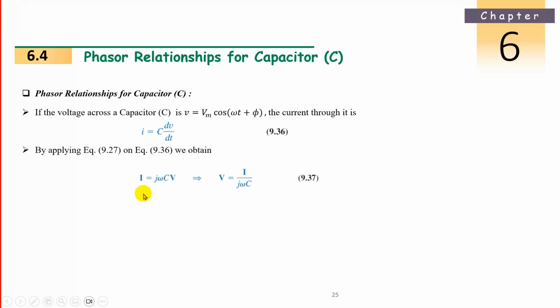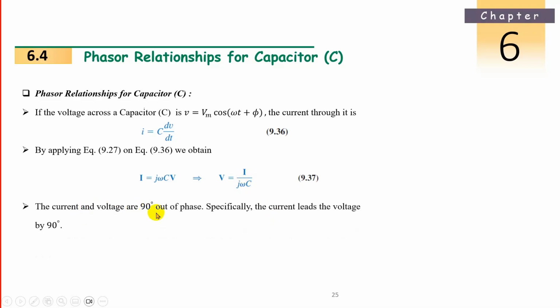Now rearrange this function. Voltage will become integral of I dt, 1 by C. So the integral is nothing but 1 by j omega C, and capital I is coming here.